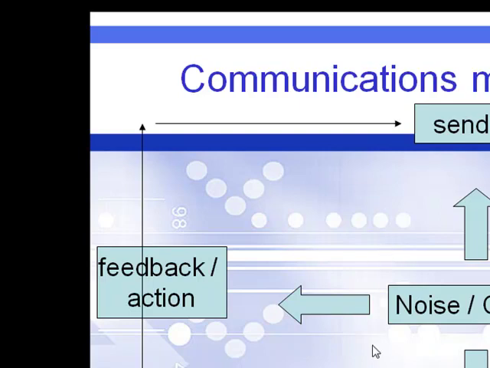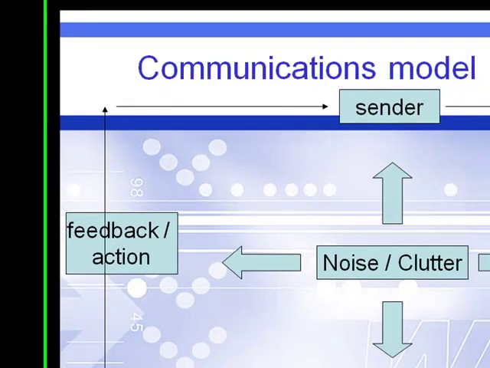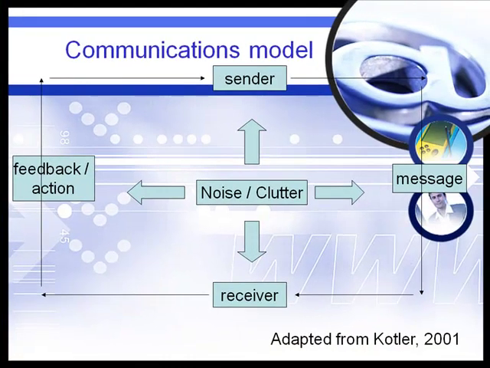Now, within all this, you have your noise and your clutter, which is the communication from other sources, from other organizations or from other people. It might be from your competition, but it also might be word of mouth from other customers. And they compete for the target audience's attention as well.